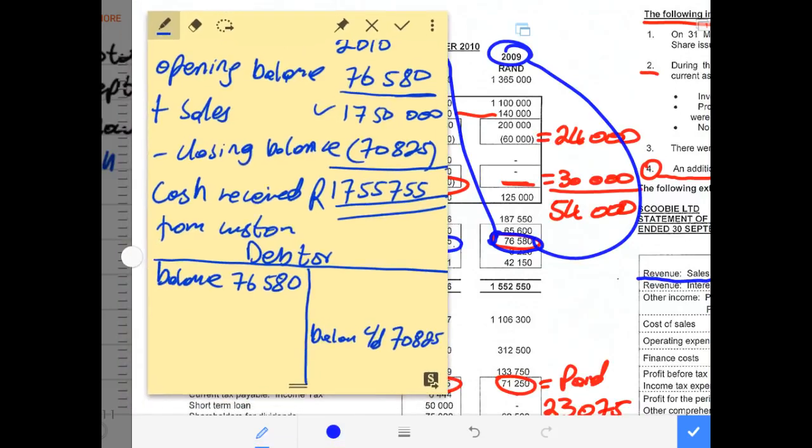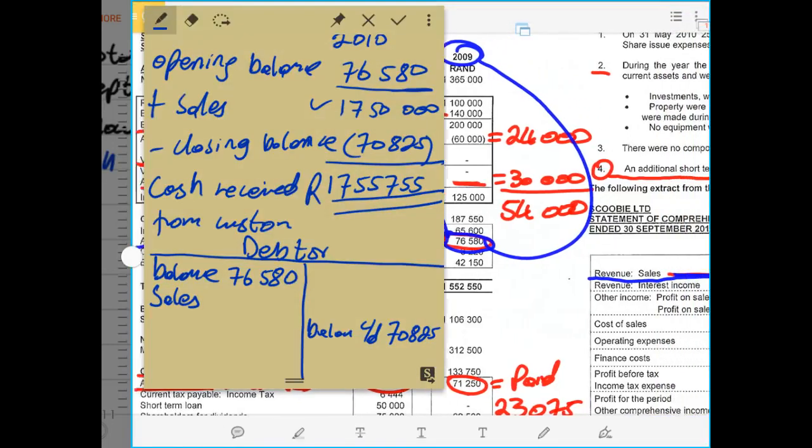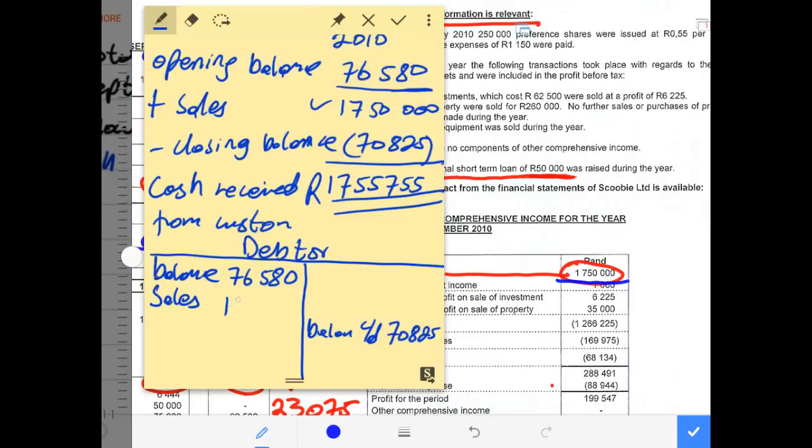Opening balance on the debit side, closing balance on the credit side. Then we record our sales on the debit side. Our sales are from the income statement, as I showed you: 1,750,000 rands on the debit side of the ledger account.